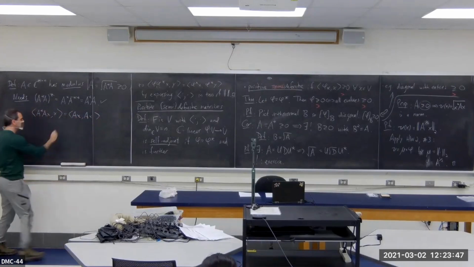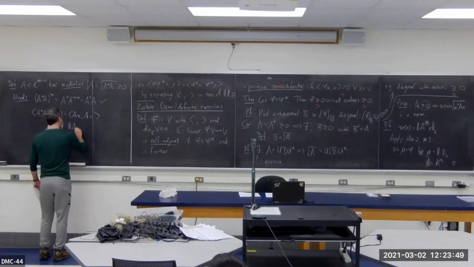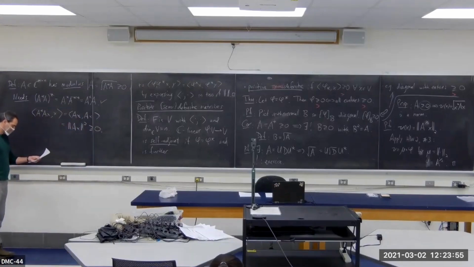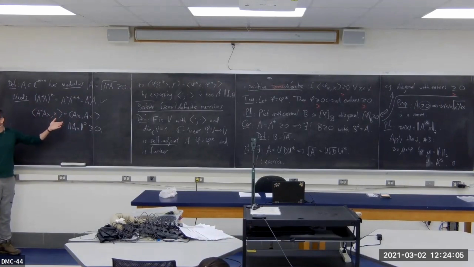That's good, because that's the square length of AX, which is greater than or equal to 0. Very easy to check these things, ridiculously easy. Maybe you don't learn very much by checking it, but at least you see that it's true.